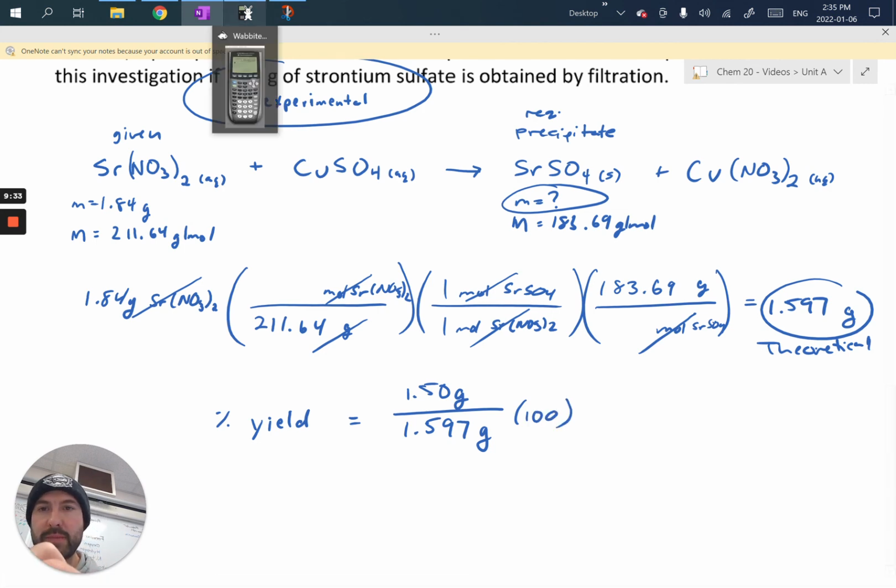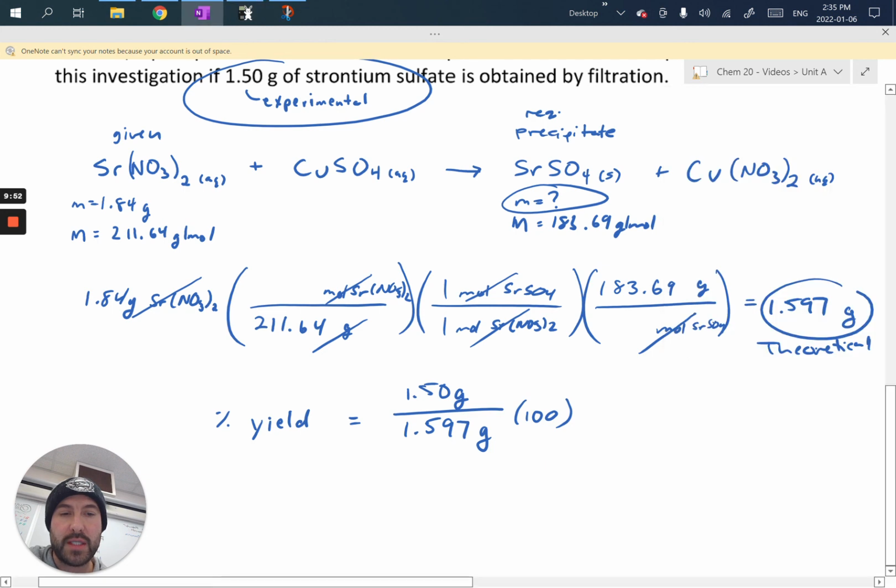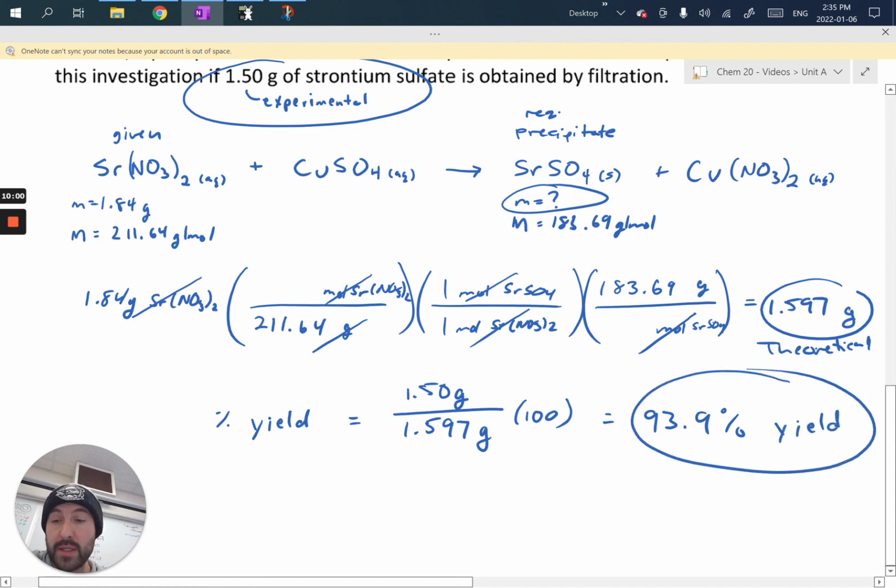So when I put that into my calculator, I'm going to do 1.50 divided by my answer and multiply that by 100 to get my percentage, and I got 93.92%. Let's just say we got 93.9% yield in this experiment. So I'd say I did a pretty good job in the experiment.